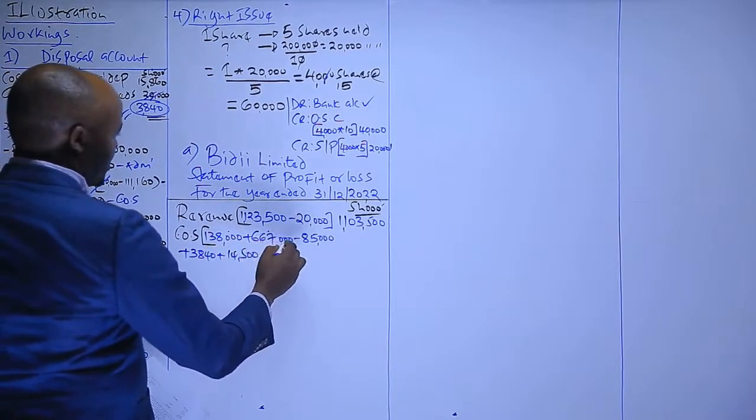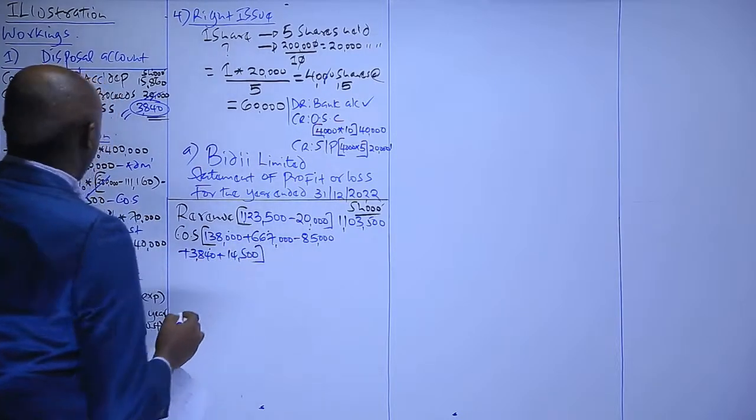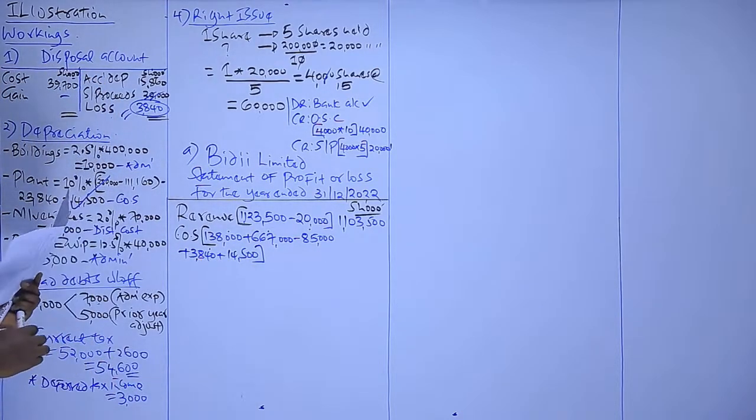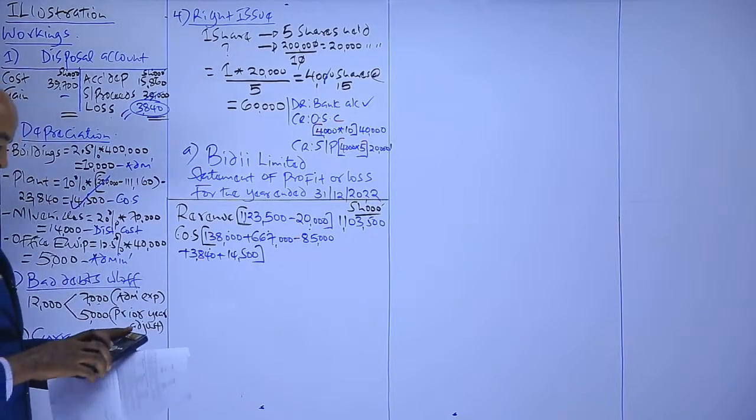Opening inventory, purchases, closing inventory, loss on disposal, and then the depreciation on plant. So let's get the final figure here.